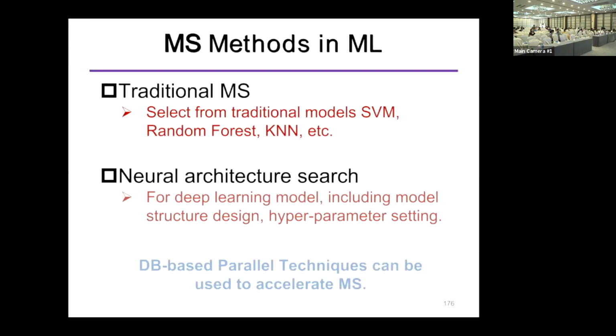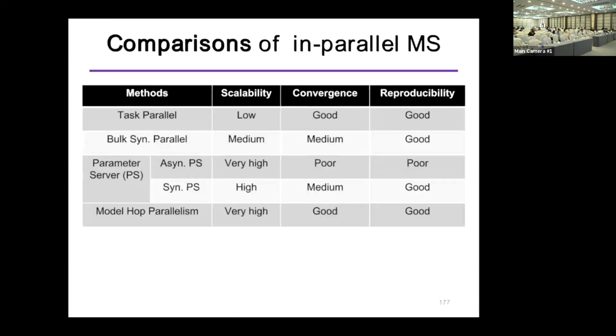One is traditional model selection, which selects from traditional models like SVM, random forest, KNN, and so forth. The other one is neural architecture search in AI. This is for deep learning models, including the model structures and hyperparameter settings. DB-based parallel techniques can be used to accelerate model selection, and that's our focus in this tutorial.